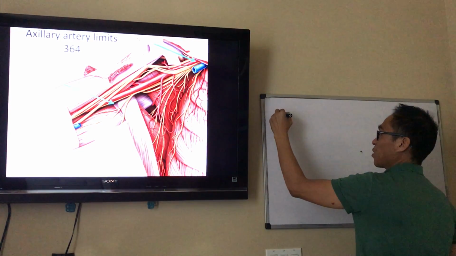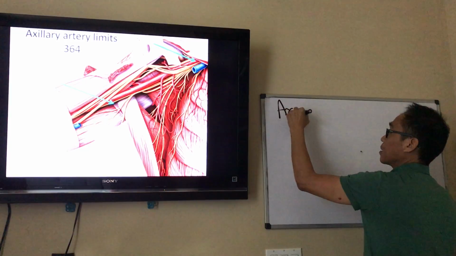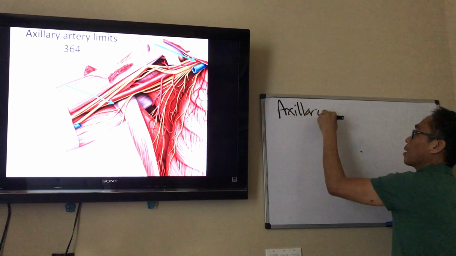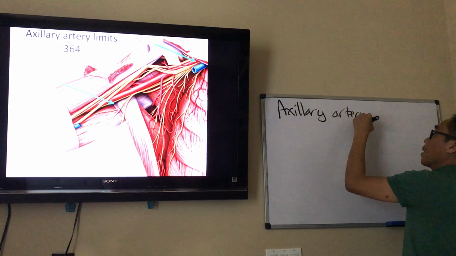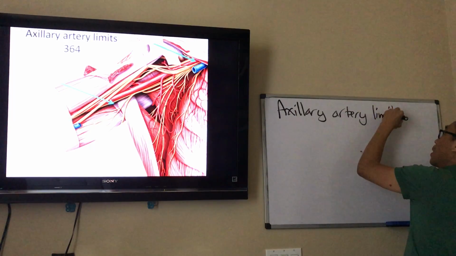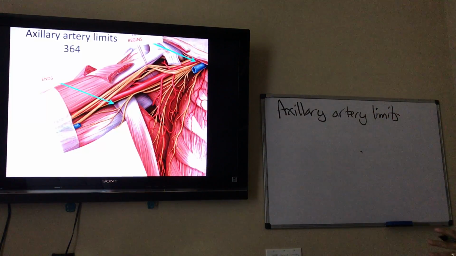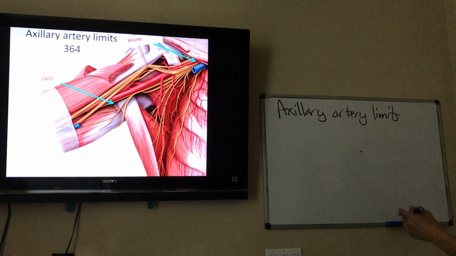So, what's called the axillary artery limits. Remember, the artery isn't changing, just the name is changing. It begins at the lateral border of the first rib. Now, you really can't see that first rib here, but I'm pointing to where it would be.